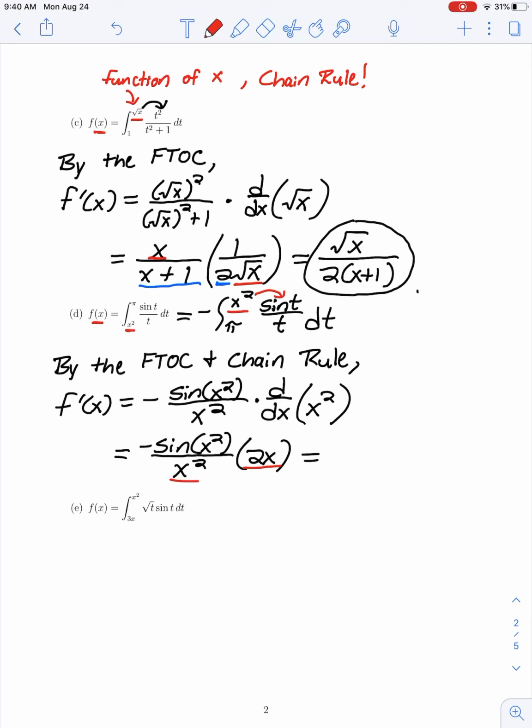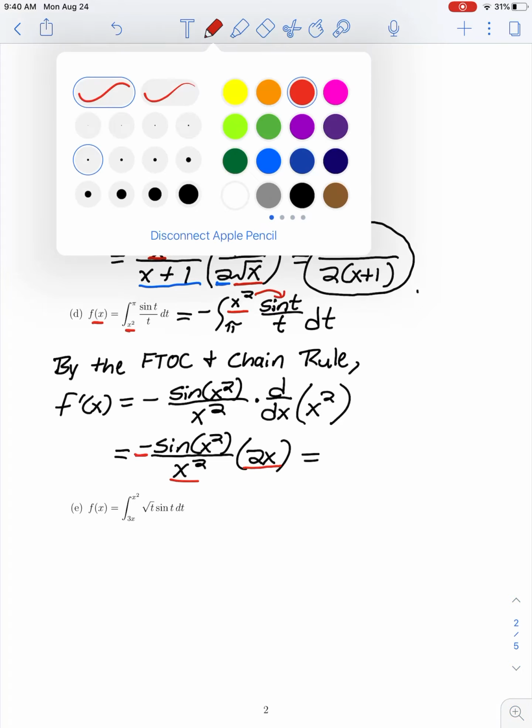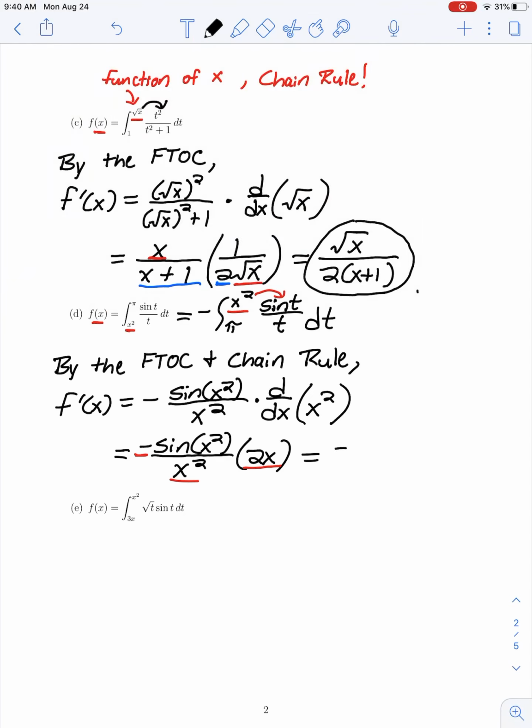So I can cancel 1 power of x in the numerator and denominator. And then I recall that I have a negative out in front. So I'll have a negative 2 over x to the first power. And then I still have my sine of x squared in the numerator. So simplifying a little bit, we have the following for our derivative of that function.